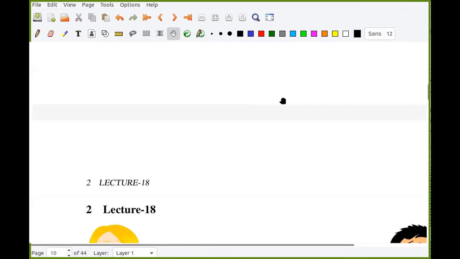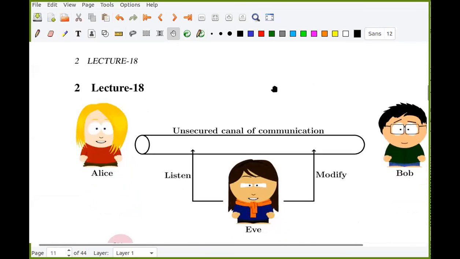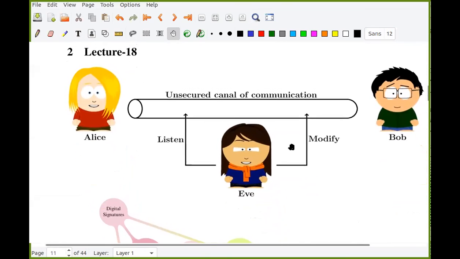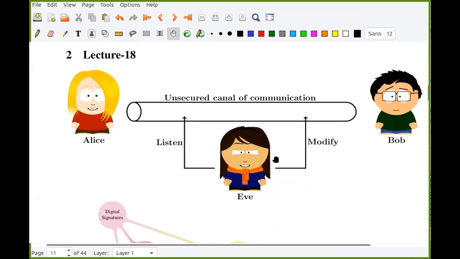So today we'll start. We want to discuss a little bit about cryptanalysis. As we know, Alice and Bob communicate over an unsecured channel, and Eve can listen or modify.